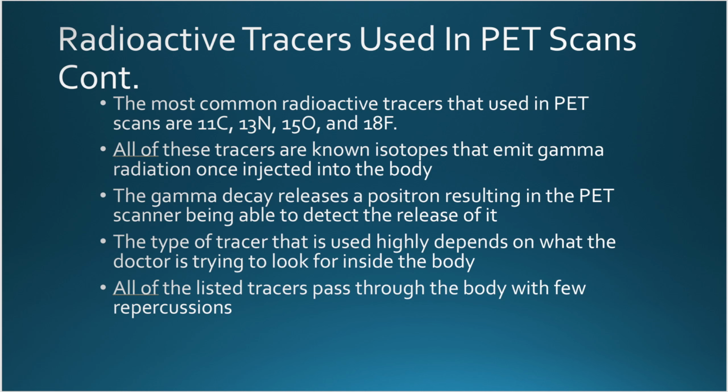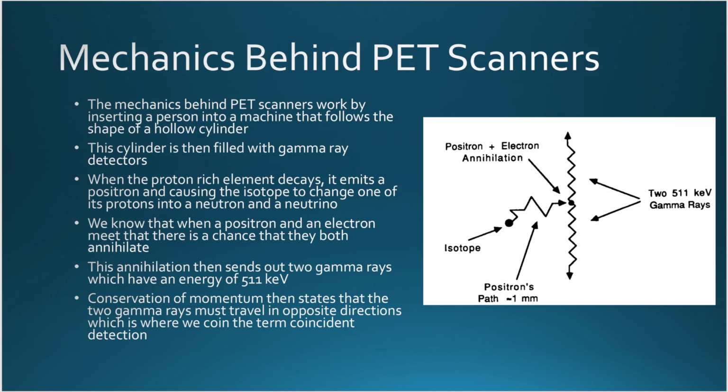The gamma decay then releases a positron, resulting in the PET scanner being able to detect the release of it. The type of tracer that is used, I found, is highly dependent on what specific issues the doctor is trying to look for inside of the body. All of the listed tracers pass through the body with very few repercussions.